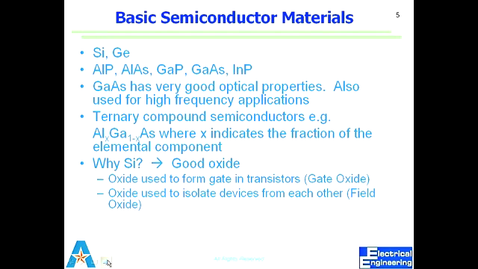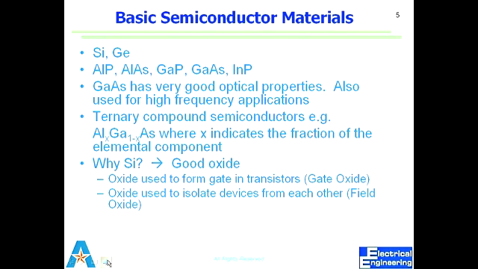So the fraction of elemental components. We'll get into that also, where we can change the band gap. Band gap is where we have a valence band and a conduction band. Again, basic chemistry. For conductivity, for charge transport, we have to have an electron jump to the conduction band.